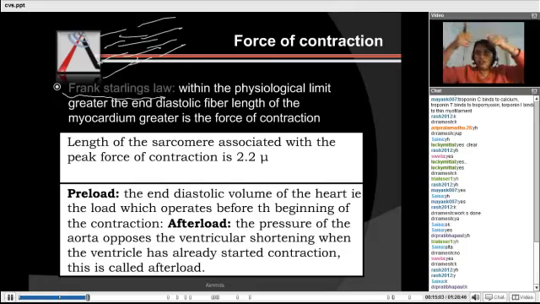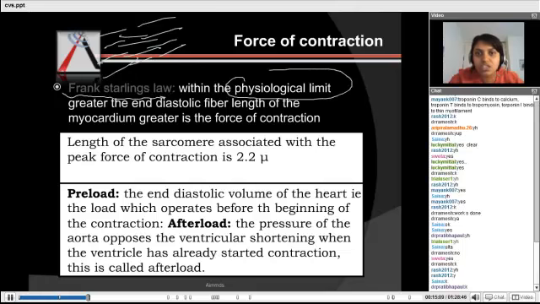That is why we have this particular word here, physiological limit. So all this works within a physiological limit. The length of the sarcomere, the unit of a muscle cell, that is associated with peak force of contraction is 2.2 microns. Clear?